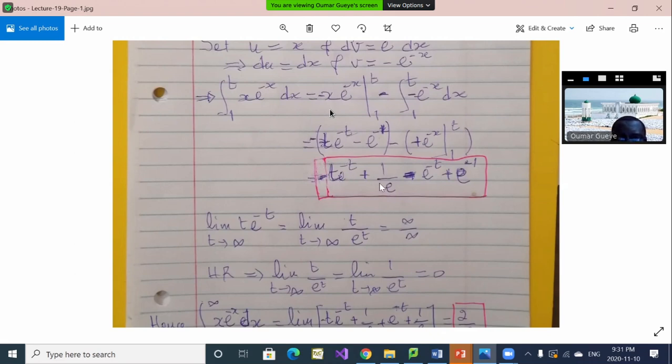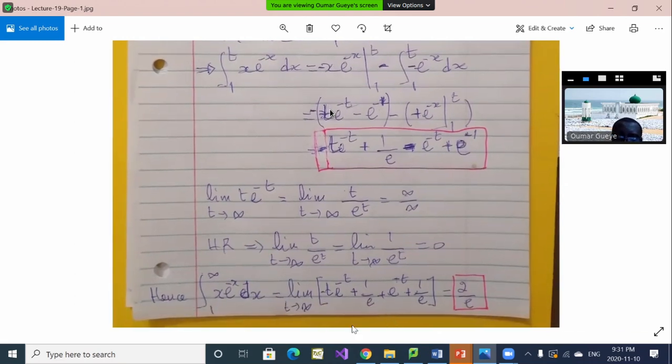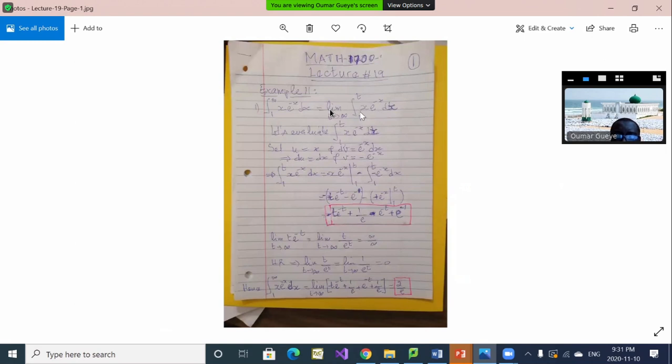The second term is constant. The third term is going to 0. The last term is constant. And that's exactly what I calculated here. So back to here, I just replace this with its value right here, because it's my integral.